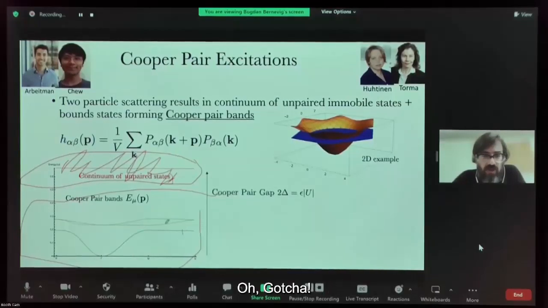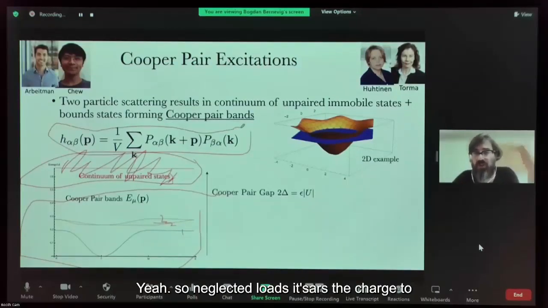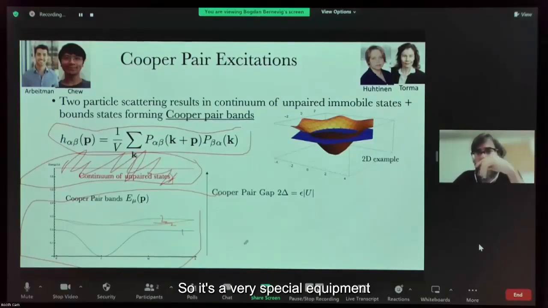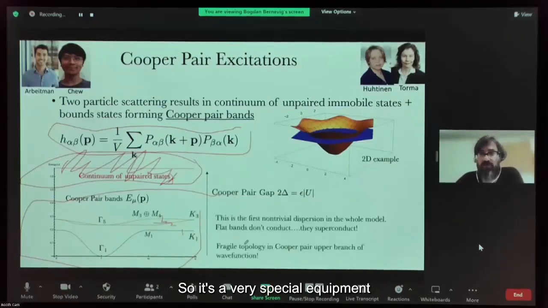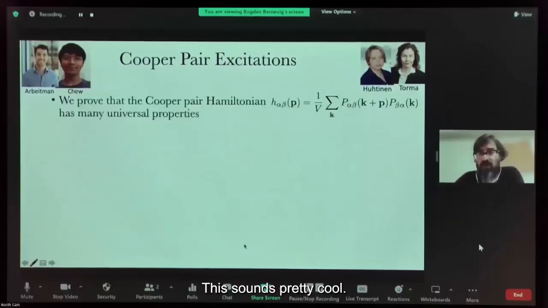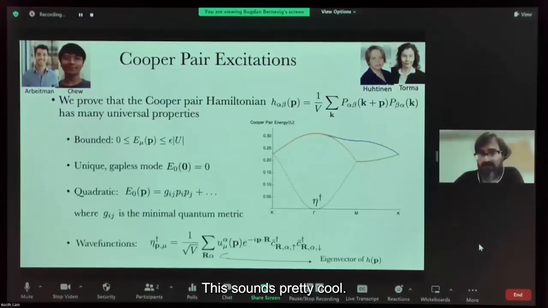There's 1, 2, and 3. So the charge 2 collective modes of the system are described by a 3 by 3 Hamiltonian. This is very special for this model, but it's also very powerful in the sense that it enables you to prove these bounds for the Cooper pair mass. Okay, have I answered your question, sort of? Yes. No.